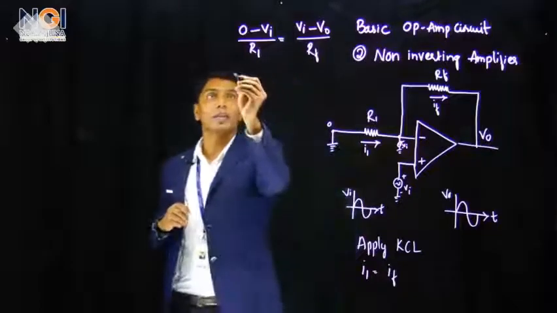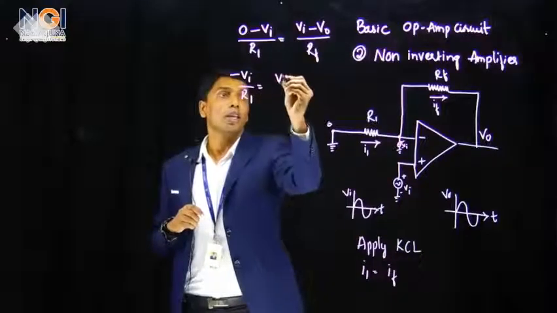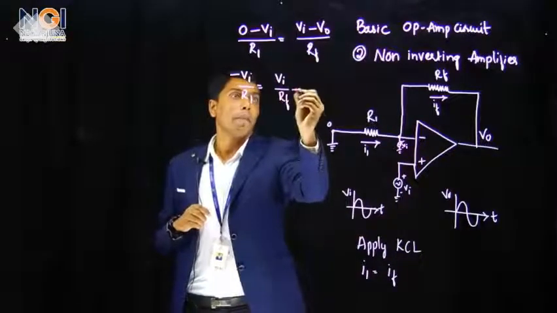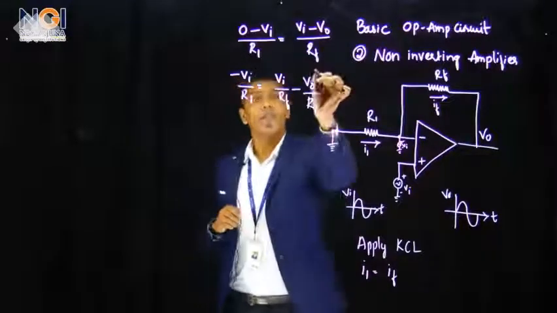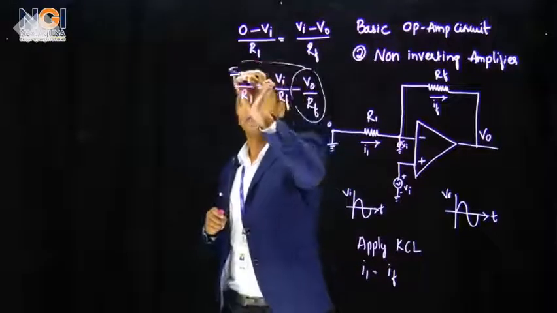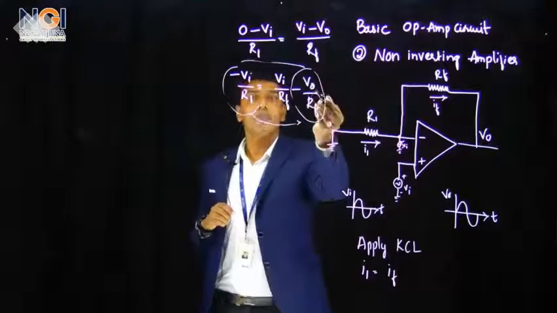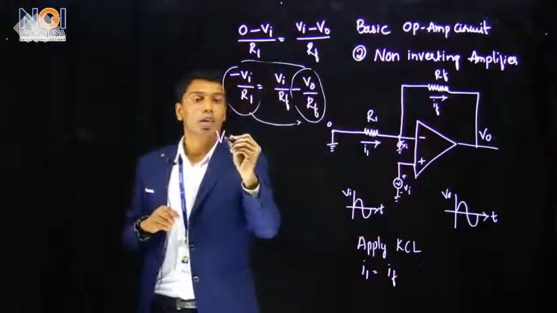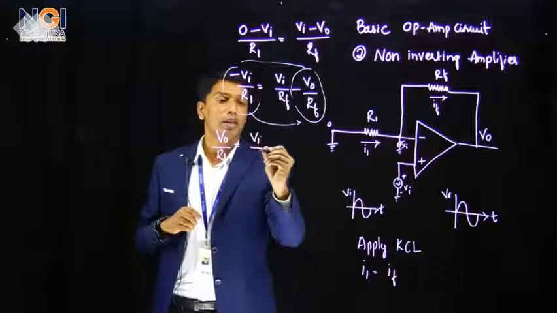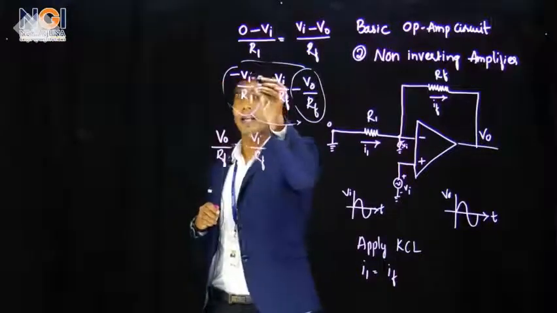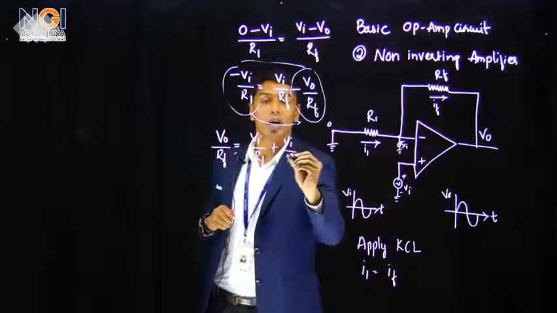We can write it as minus V in R1 is equal to V in RF minus V out RF. I will send this term to this side. Minus V in by R1, I will send it to that side. Minus V out by RF, I will send to that side, meaning it will become plus. That is V out divided by RF is equal to V in minus RF. Minus V in R1 will come to this side, meaning it will become plus V in R1.